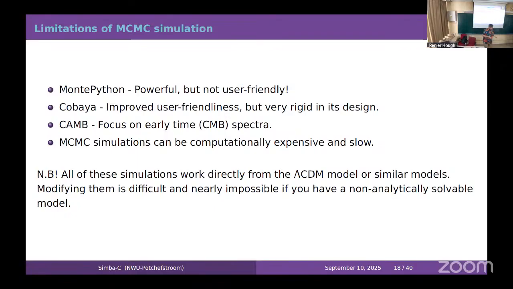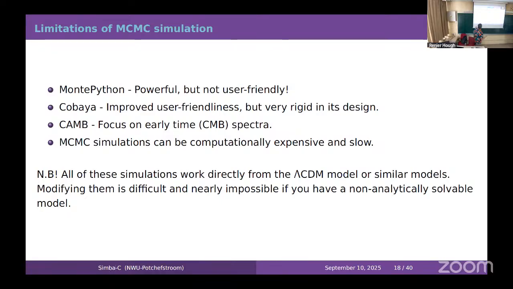But this also means it's very rigid in its design. What if the model you are trying to constrain does not match what Cobaya is offering? You can change it, it's possible, but then you have to have that knowledge of how the YAML files work and all of that. So that becomes difficult if you have a weird model.